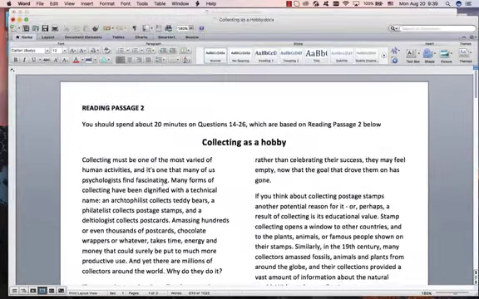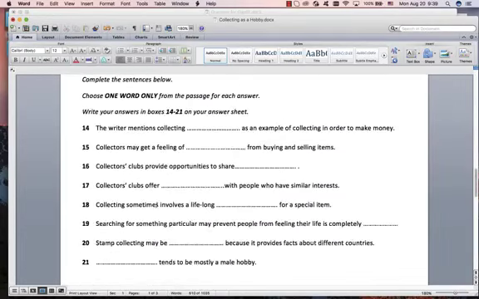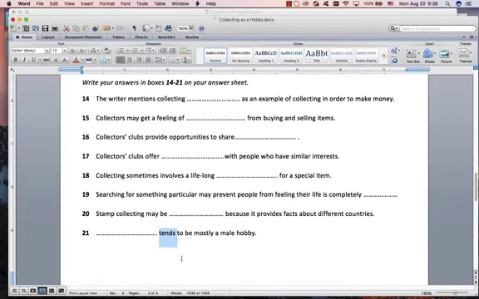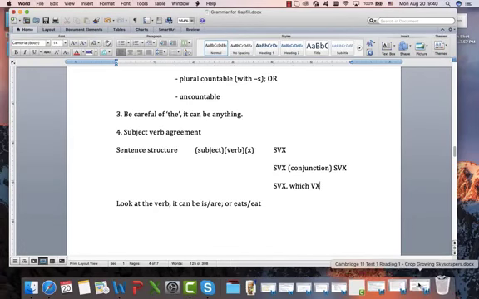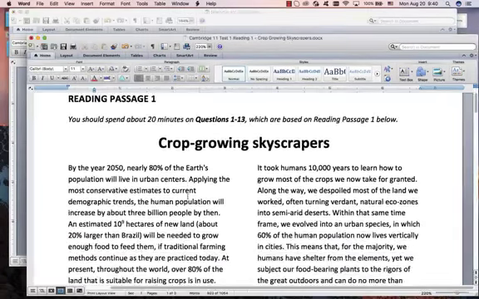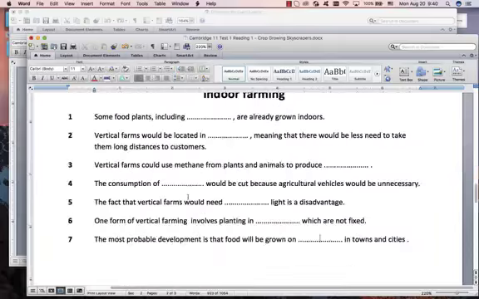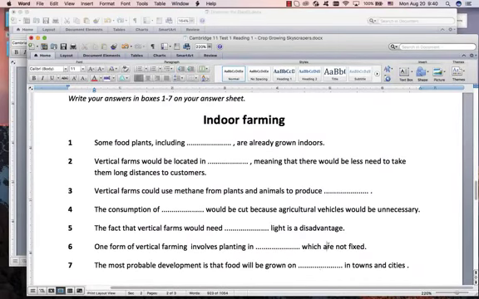This was Collecting as a Hobby, passage 2, and that told us some information because, yes, this time there is an S there. That means this is either countable singular or uncountable. And one more example. It's actually from Cambridge 11, the first reading in Cambridge 11. Also had some gapfill. And it was over there.